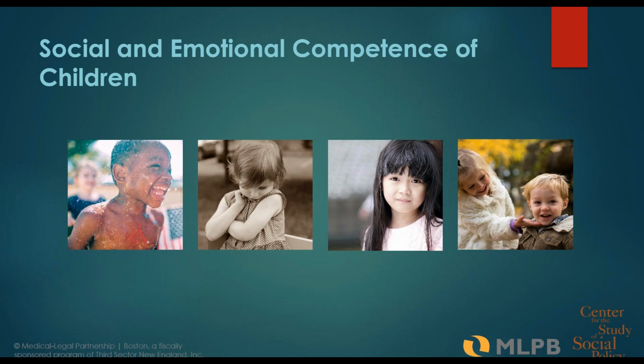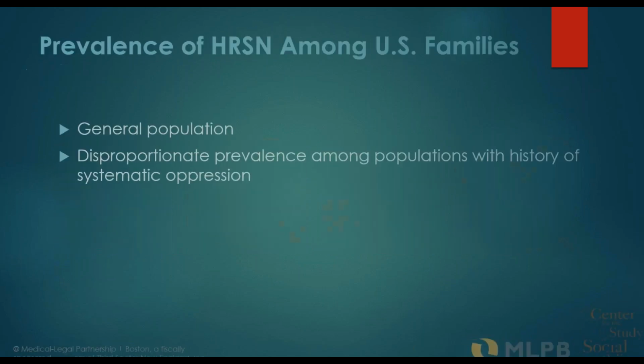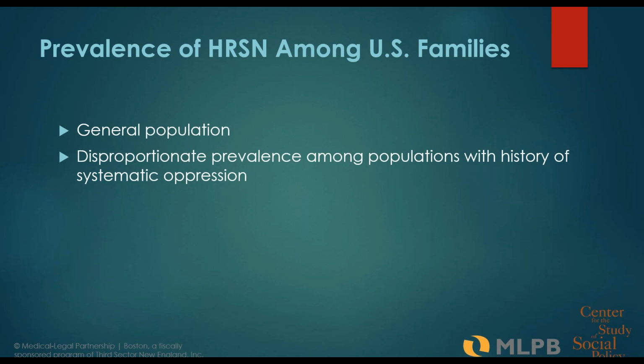We know when we look at the general population of families in the United States, the prevalence of health-related social needs is very high. Over 43% of children under the age of 18 live in low-income families, or households with income levels below 200% of the federal poverty line.